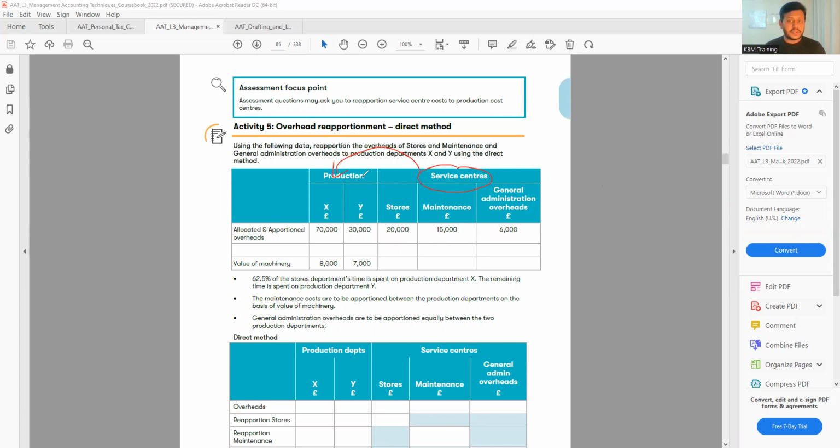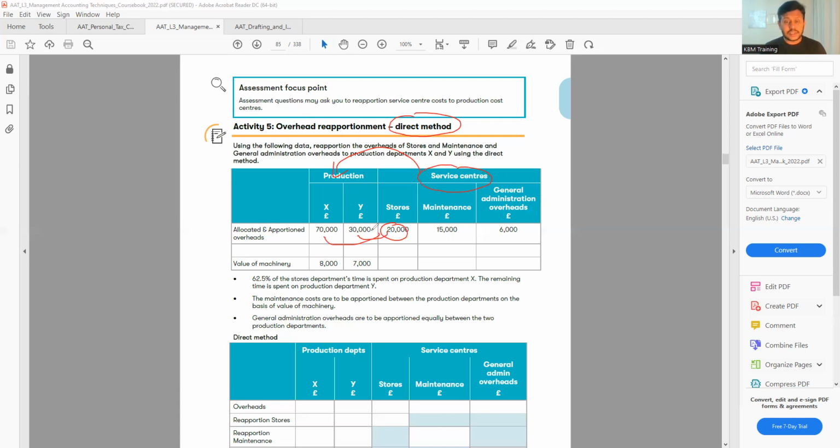Now we have two methods. One is the direct method and one is the step down method. What is the direct method? In the direct method, we allocate the service department cost straight away to the production department. For example, the store will go either to X or to Y or maybe both, half.